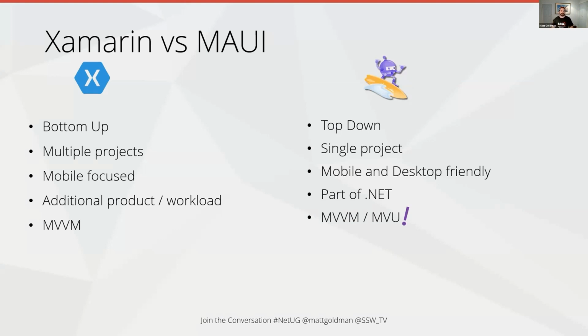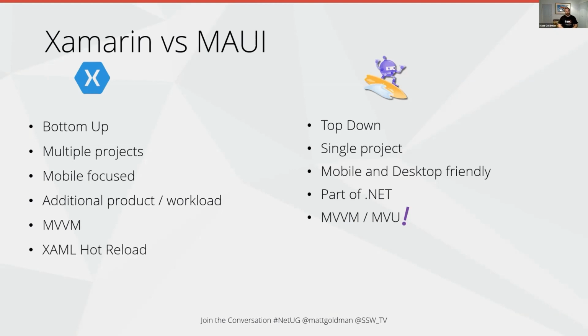As I mentioned, MAUI is still in preview. It hasn't been released yet, so there are some things that aren't quite there yet. MVU is through community support, using the same community libraries that we have in Xamarin now. You can do MVU in Xamarin through a library called Comet for C#, or Fabulous for F#. These are the same libraries that are going to be used in MAUI, but they're first-class citizens now, and they're being brought into the fold in the same way that community projects are brought into .NET in other scenarios as well.